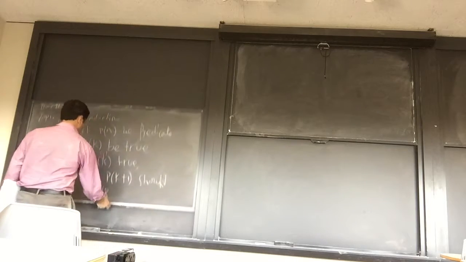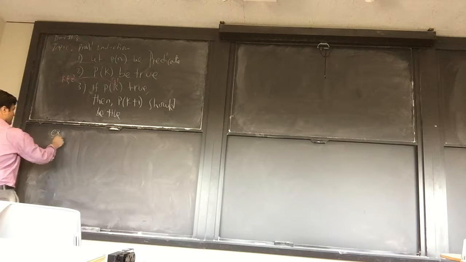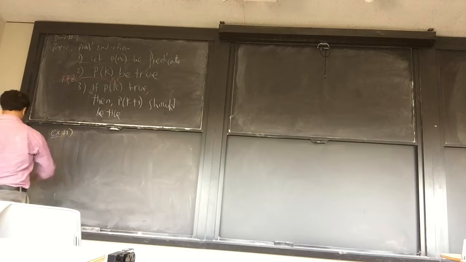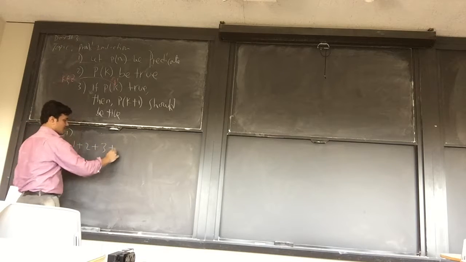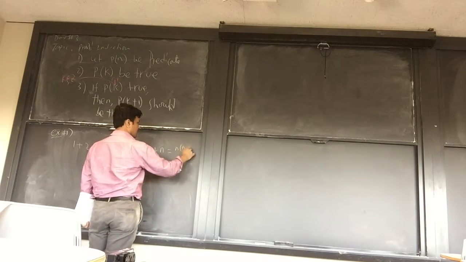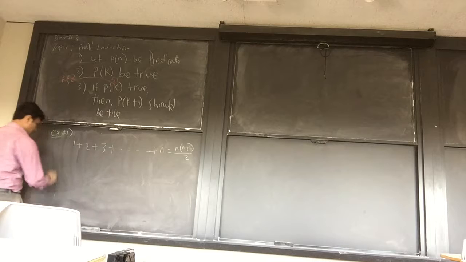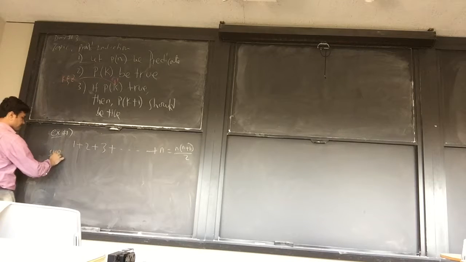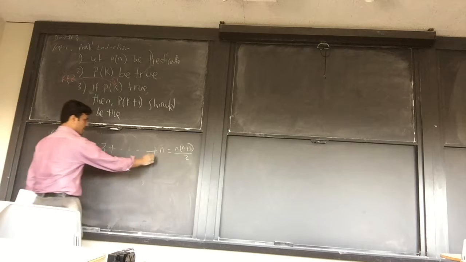So let's solve number 1. This is example 1: 1 plus 2 plus 3 plus ... plus n is equal to n(n+1)/2. Step 1, let's check whether it works for 1.